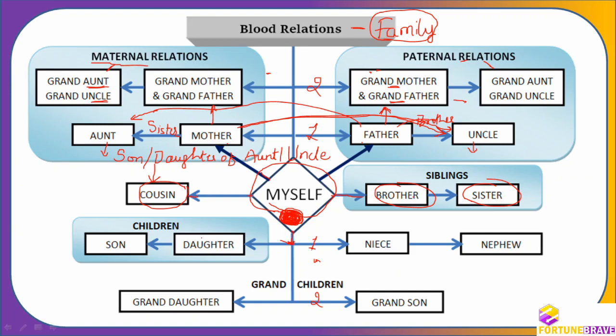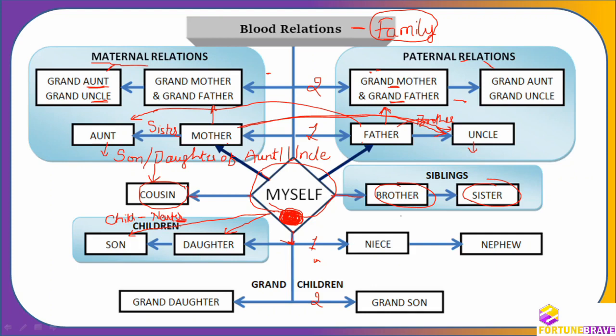There can be son or daughter. You can have a son or a daughter. Most of you will not have now. Your son or daughter are your children. Child is neuter gender, so there is no gender for it, like cousin. Child is neuter gender, so it can be son or it can be daughter. It is your child.